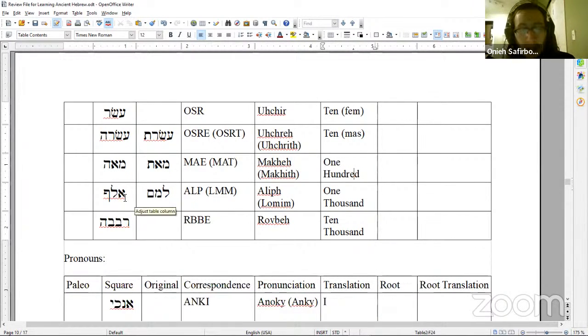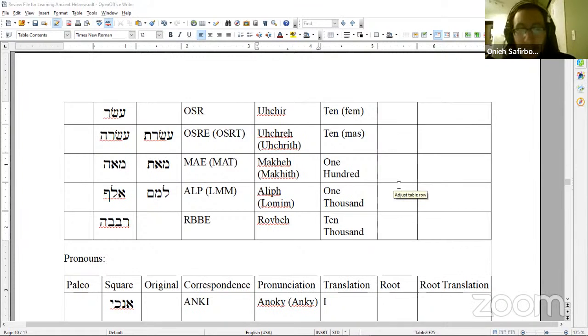And Aleph, I argue, based on Akkadian, that the original, instead of Aleph, is actually Lamin. Steve, you're saying no. What's no to 1,000?